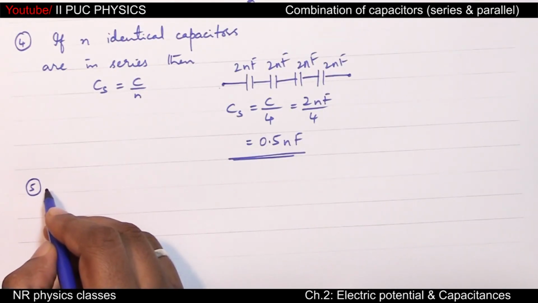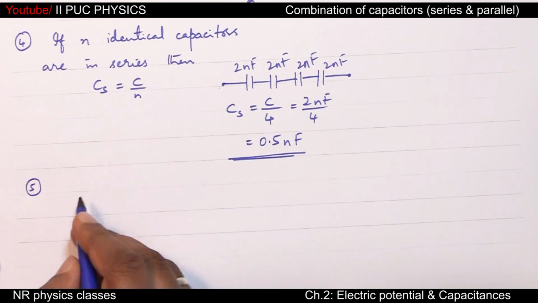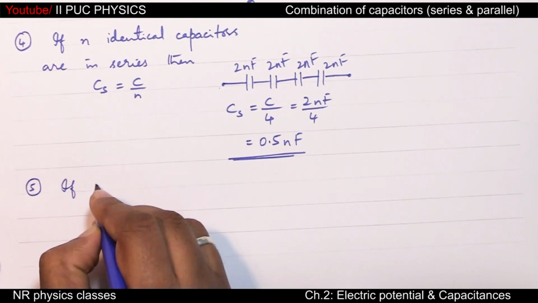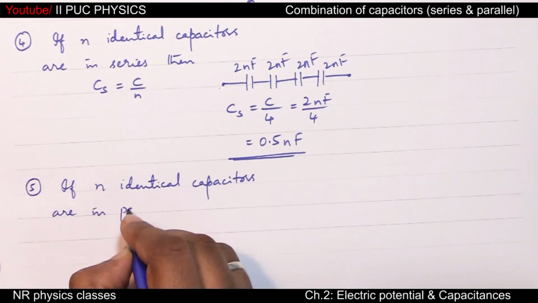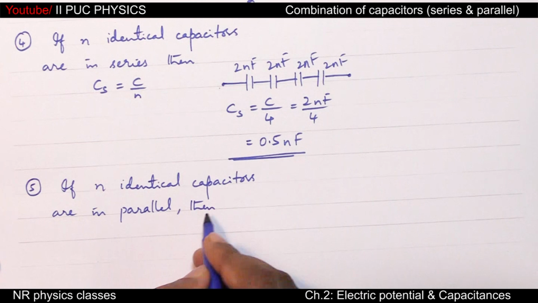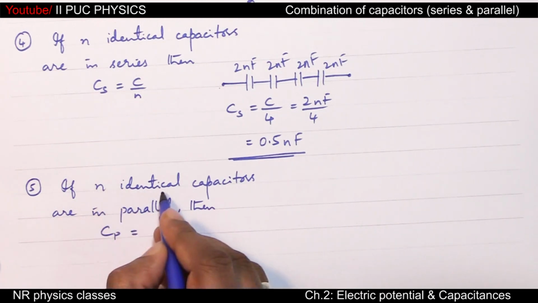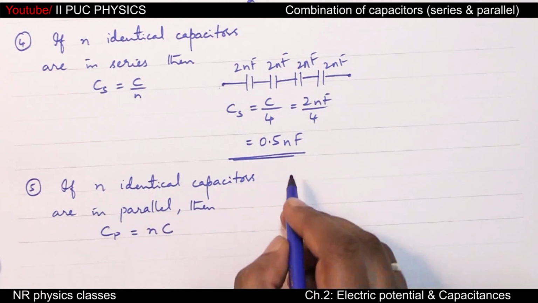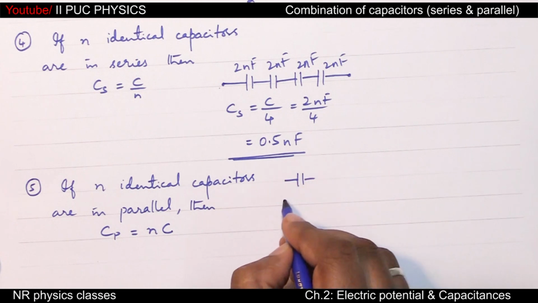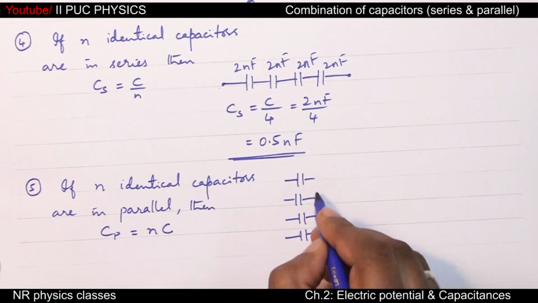If there are n identical capacitors in parallel, then CP, parallel equivalent of n identical capacitors, it is n times C. This is first, second, third, fourth.